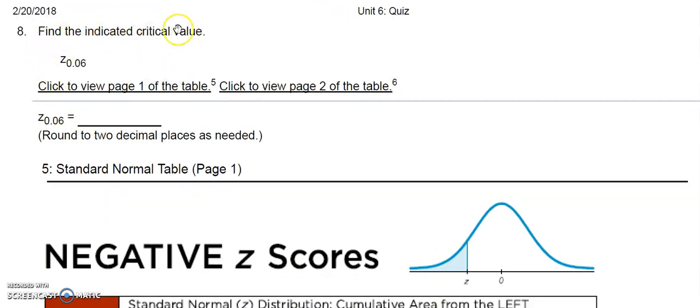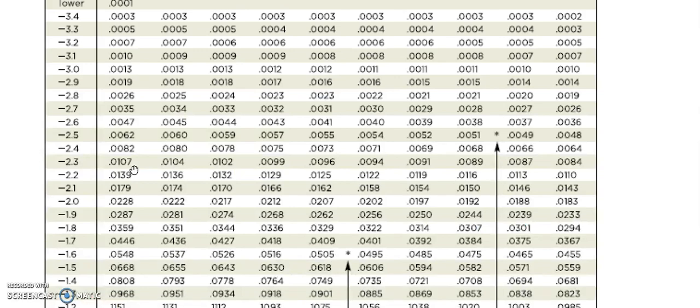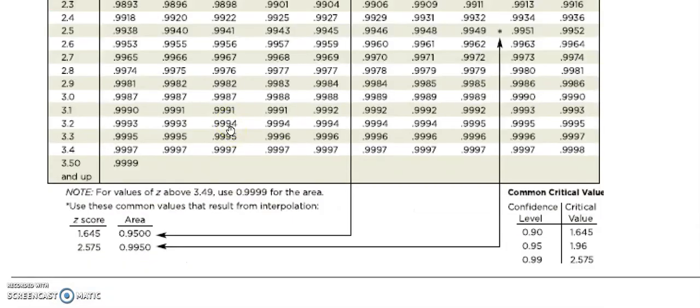So here, finding the critical value, remember this is alpha, which is 0.06. That's the area to the right of the z-score. So we need to find 1 minus alpha. 1 minus 0.06 is 0.94. So that's the probability. Where do you find 0.94 in this table?